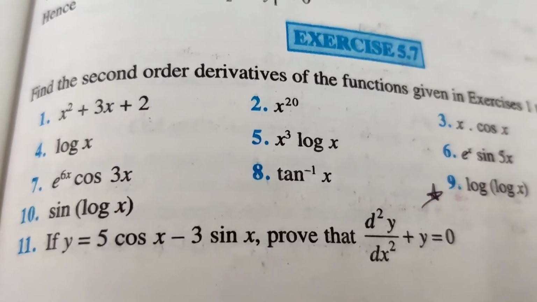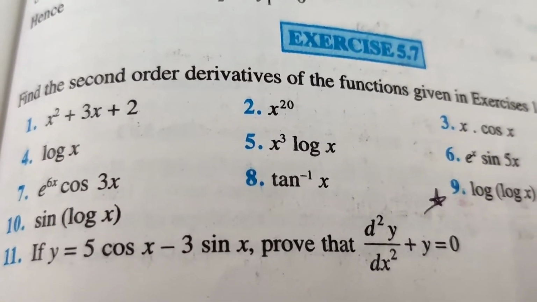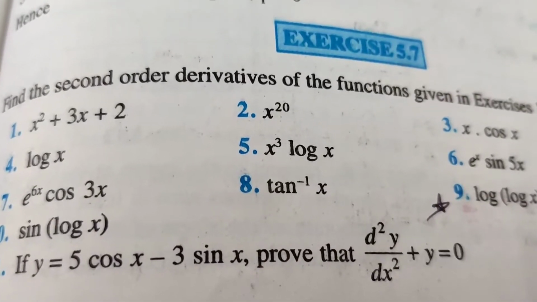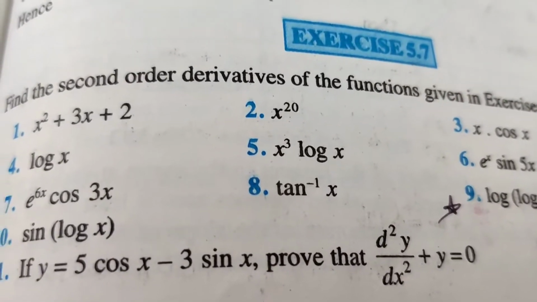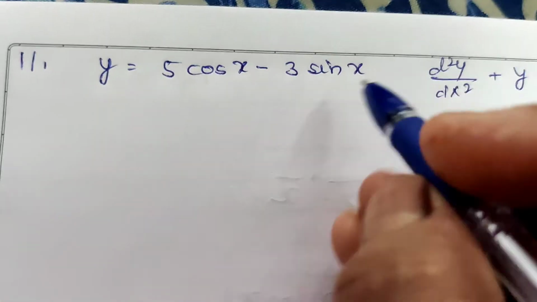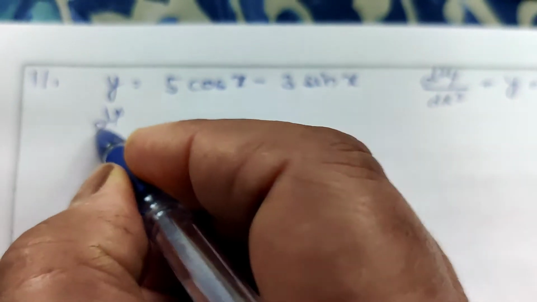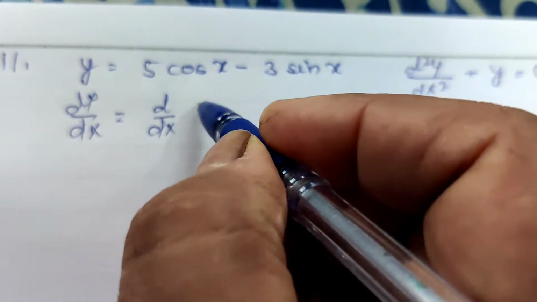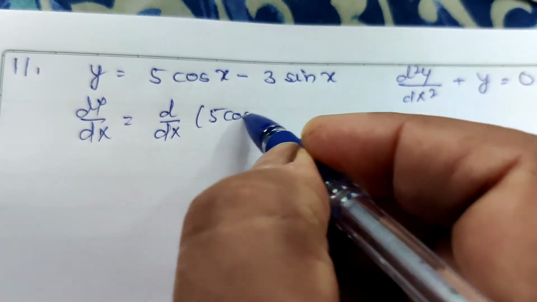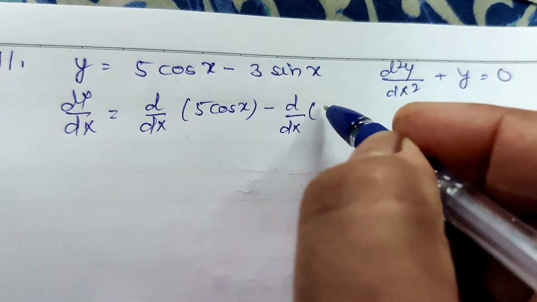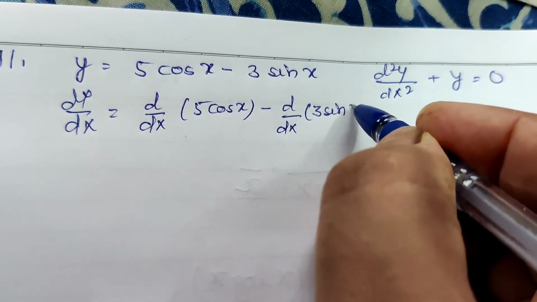Question number 11. If y equal to 5 cos x minus 3 sin x, prove that d2y over dx square plus y equal to 0. Y equal to 5 cos x minus 3 sin x. Now first dy over dx means d over dx of 5 cos x minus d over dx of 3 sin x.